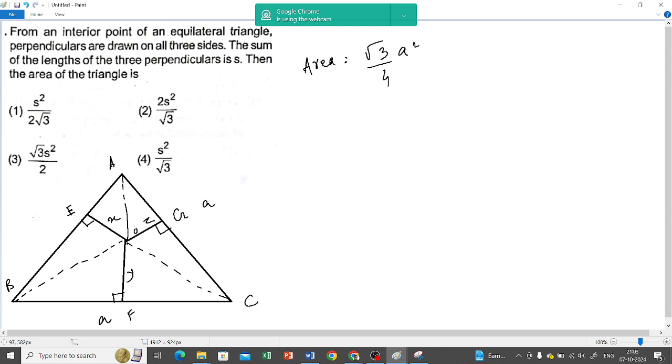A is the side of this equilateral triangle. So root 3 by 4 a square.